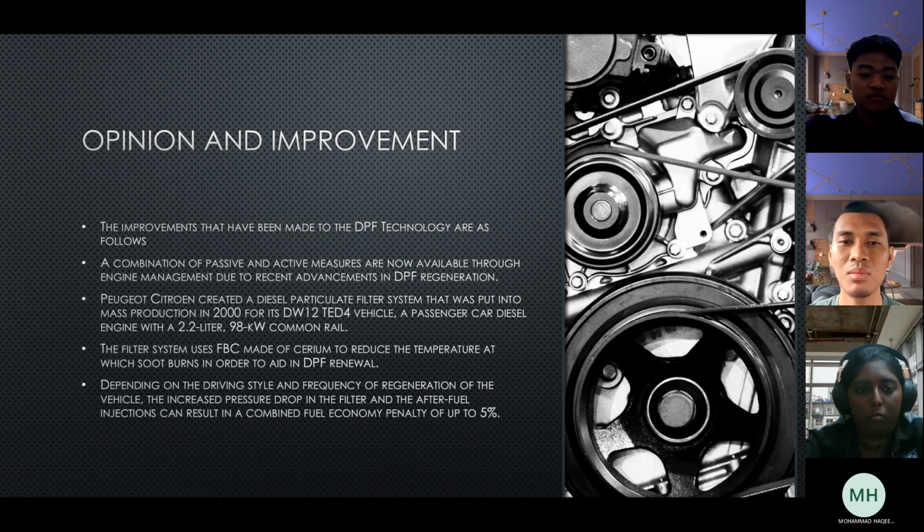The filter system uses FBC made of cerium to reduce the temperature at which soot burns in order to aid in DPF renewal. Depending on the driving style and frequency of regeneration of the vehicle, the increased pressure drop in the filter and the after fuel injection can result in a common fuel economy penalty of up to 5%.